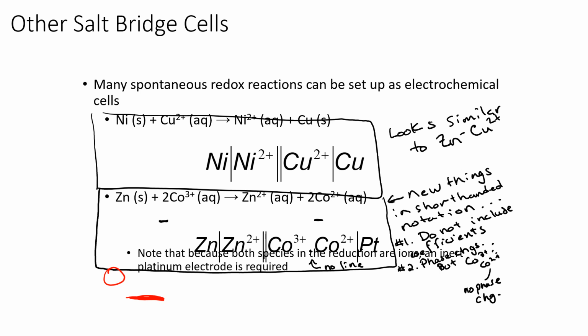The electrons are flowing from the anode, the zinc side, into the platinum cathode in this case, to allow for the reduction of our cobalt 3 to cobalt 2. And now there is a phase change between the cobalt 3 and cobalt 2 and the platinum, so we do have that line in between those two.